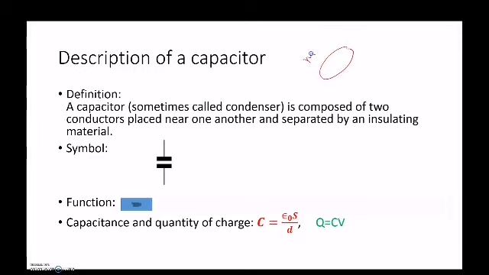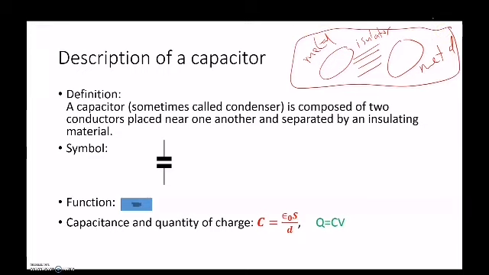Suppose this is a metal and this is another metal, and here we have an insulating material. This setup is called a capacitor, simply. Okay, this is a capacitor, a very simple capacitor.